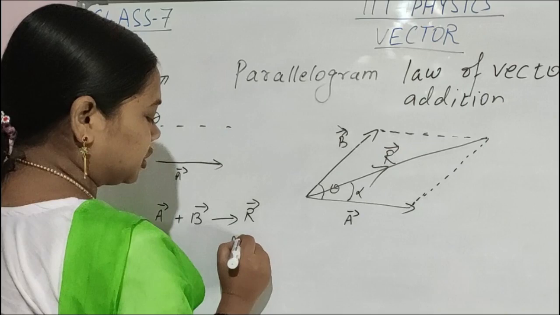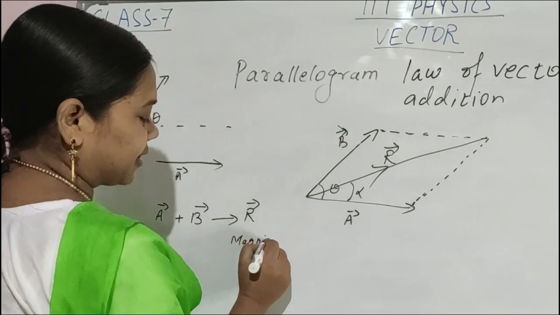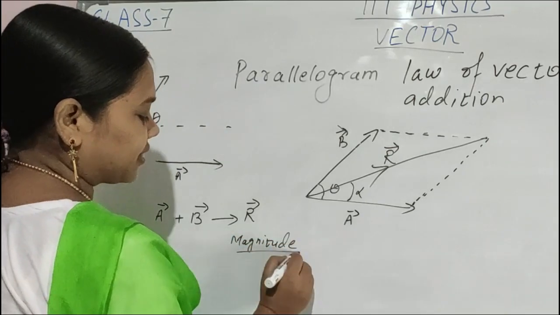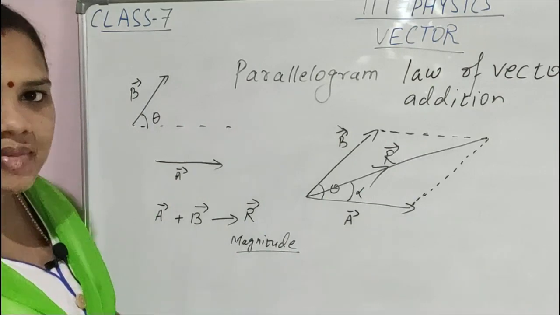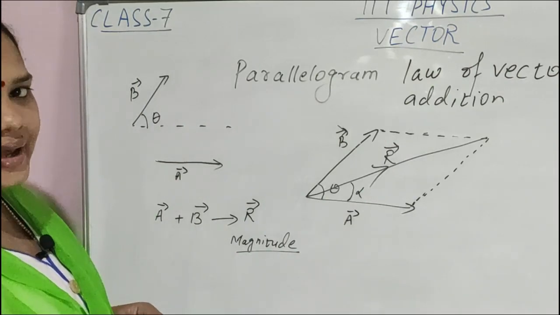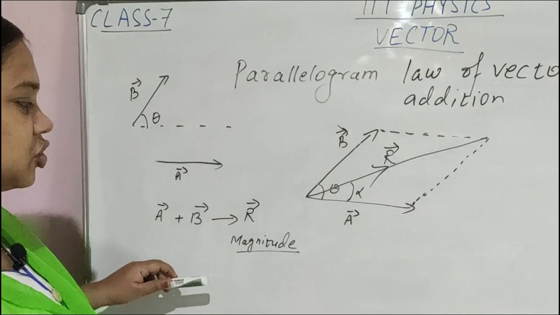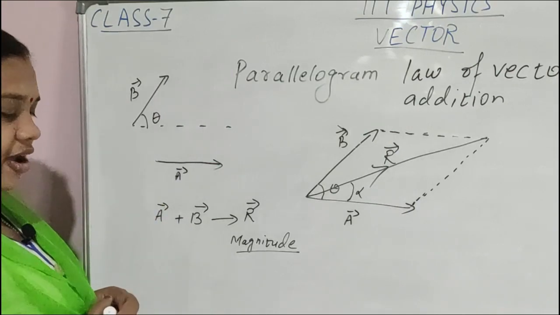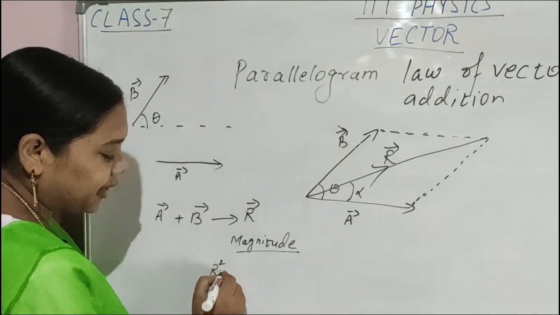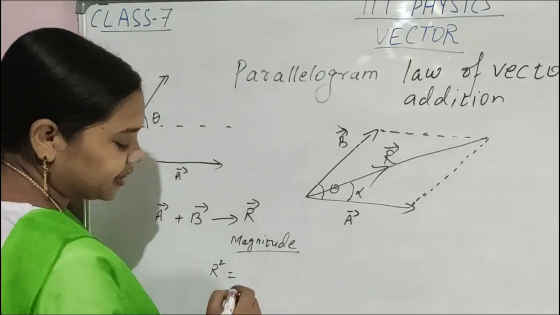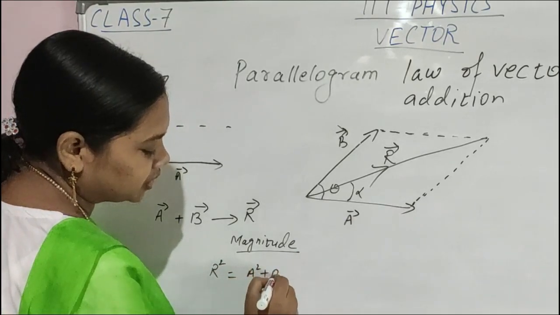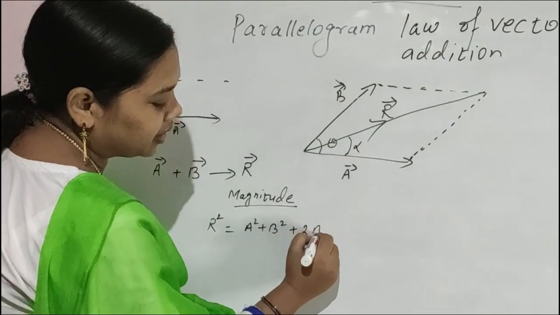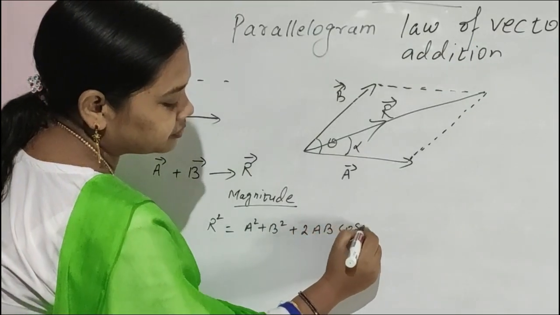Now the magnitude of this resultant vector. We know a vector has magnitude and direction. So what is the magnitude of this resultant vector? R square is equal to A square plus B square plus 2AB cos theta.